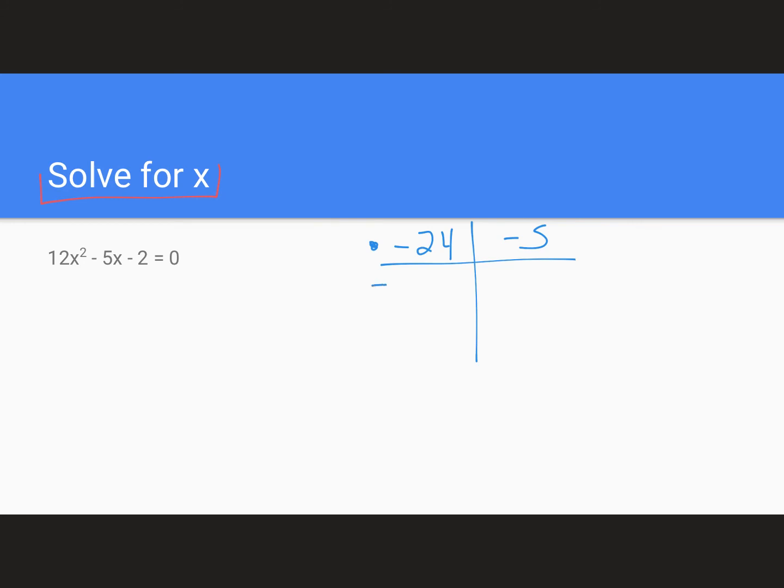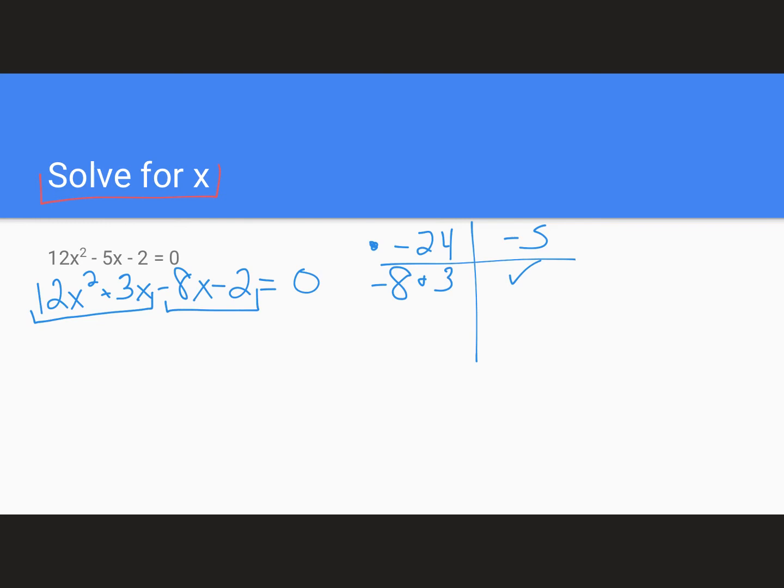So if I have negative 8 and positive 3, they multiply to negative 24 and add to negative 5. So I have 12x squared plus 3x minus 8x minus 2 equals 0. Again, factoring by parts.